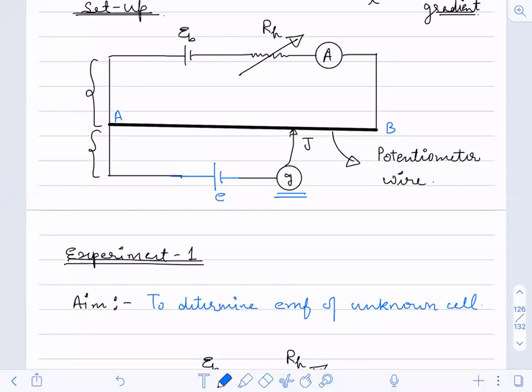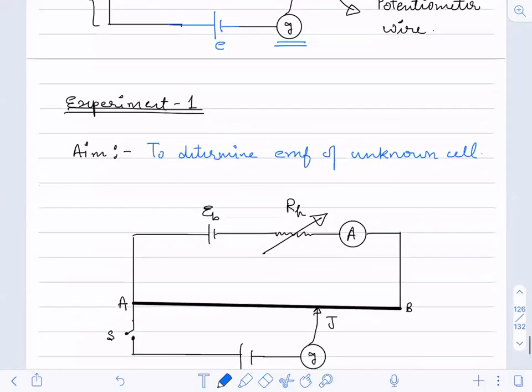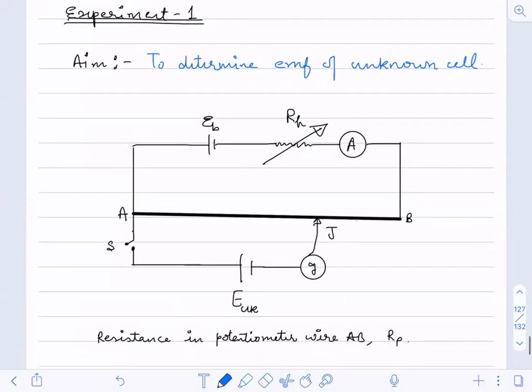Now let us see the first experiment. Using the potentiometer, you will have a total of 3 experiments. So in experiment number 1, we have to determine the unknown value of EMF.